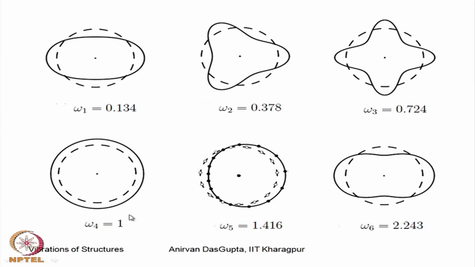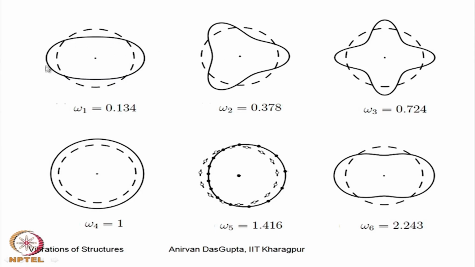So, continuing this way, you can then solve for higher modes, but then let us see something interesting. We have discussed till now this mode, which was the breathing mode, and this mode, but they are not the lowest modes. The lowest mode appears to be like this. Once again, there is some aspect ratio problem. So, this dashed one is the undeformed ring, and this is the deformed configuration.